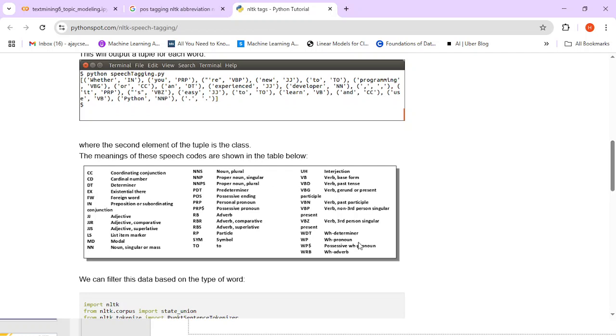So like this I have various part of speech tagging words that are there.